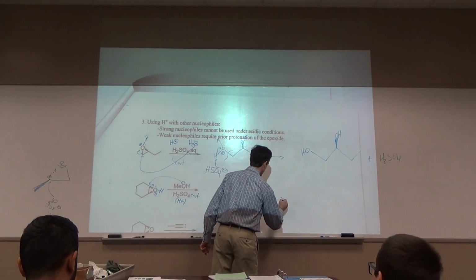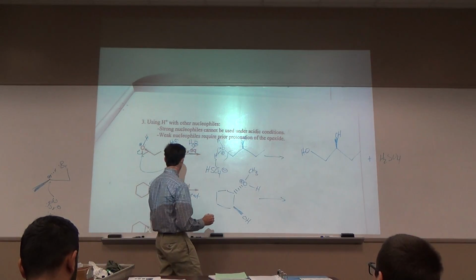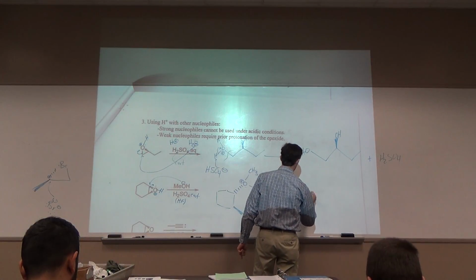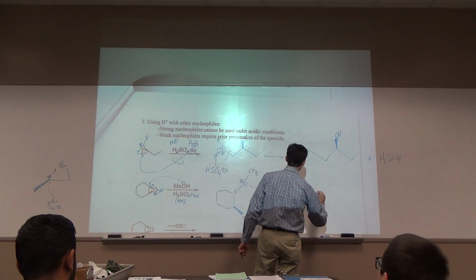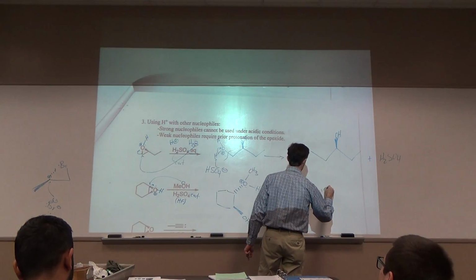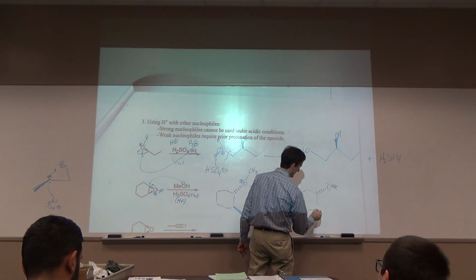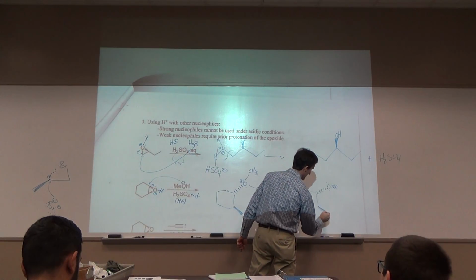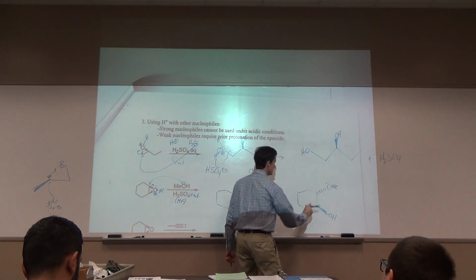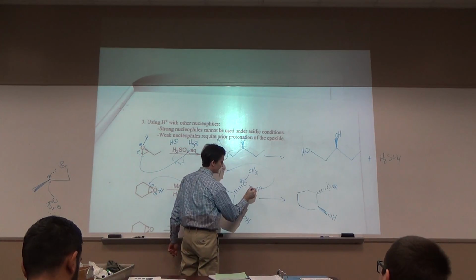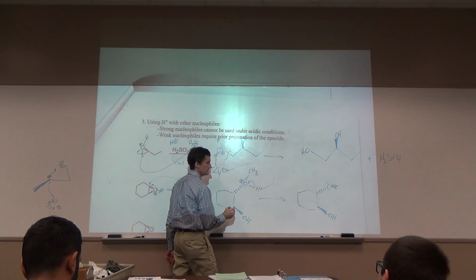And then the acid, okay, just like above. I'm just going to show that O-methyl, sort of condensed a little bit. Right? Sulfuric acid, the sulfate takes the H, leaves the electrons behind.